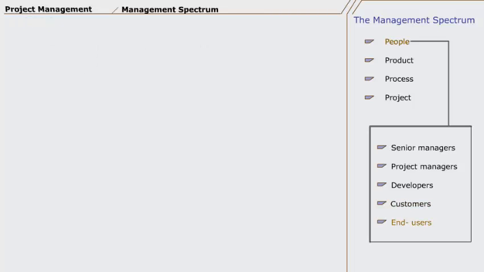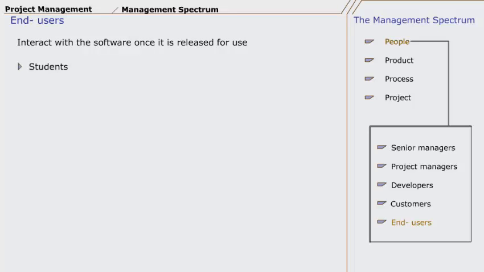Number 5, end users are the people who interact with the software once it is released for use. In our example, end users are the students to whom the CD is delivered for study purpose.